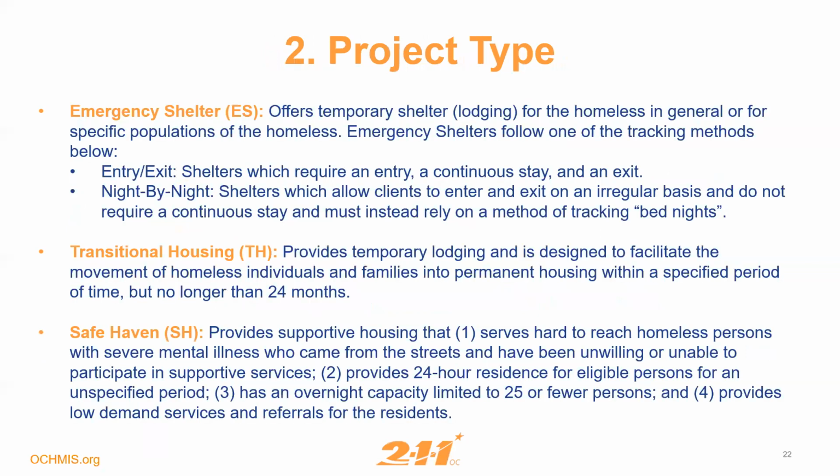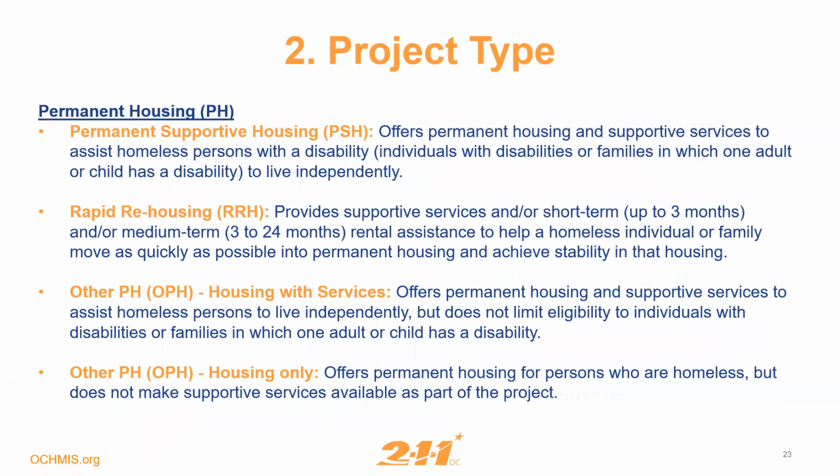The next question asks the project type of your project. I'm not going to go over the definitions of these projects, but they're here for you as a guide and reference. You can go over the training slides or this webinar if you need further assistance. Your project is one of seven project types: emergency shelter, transitional housing, safe haven, permanent supportive housing, rapid rehousing, other permanent housing with services, or other permanent housing only.